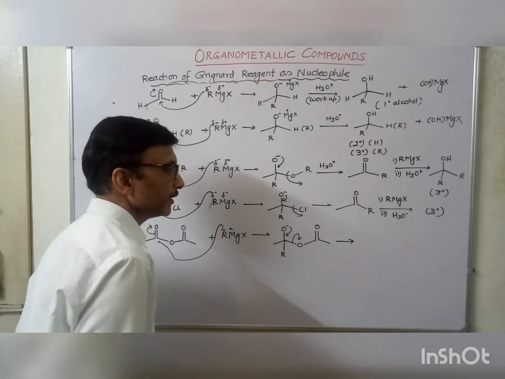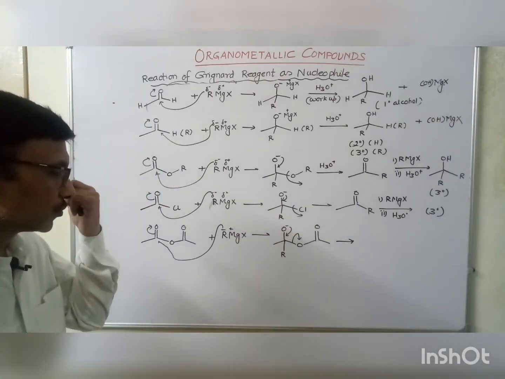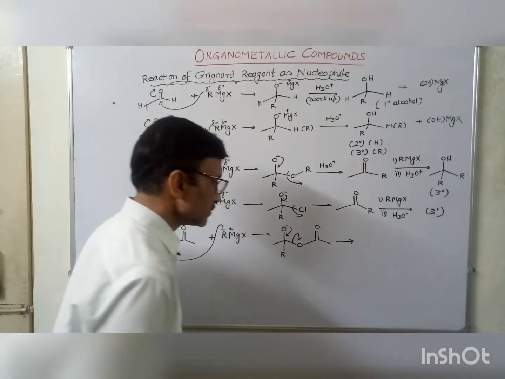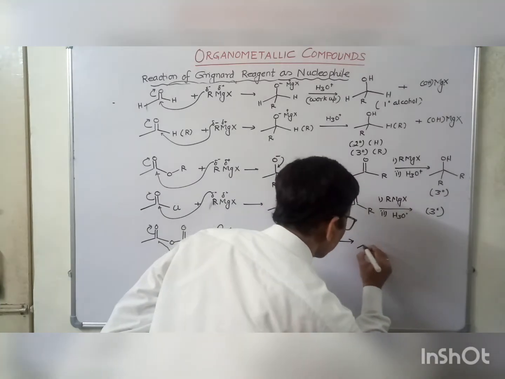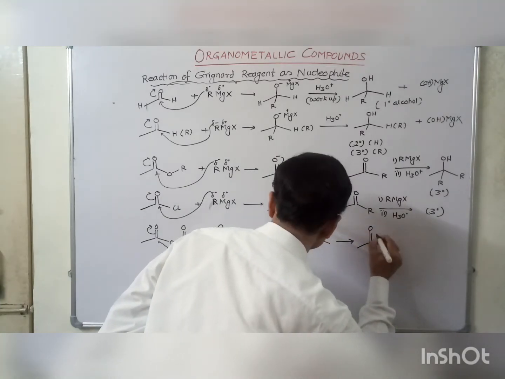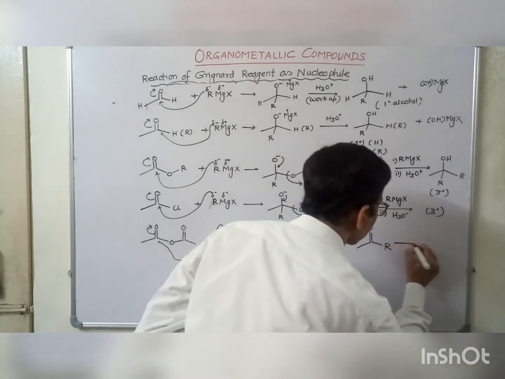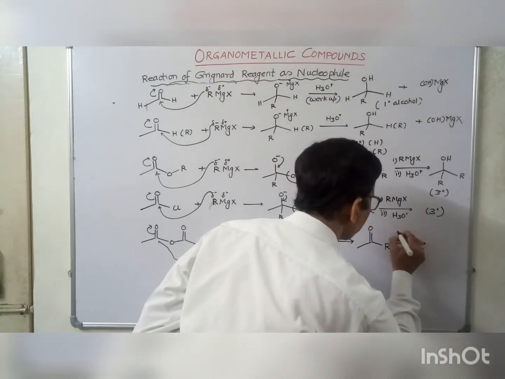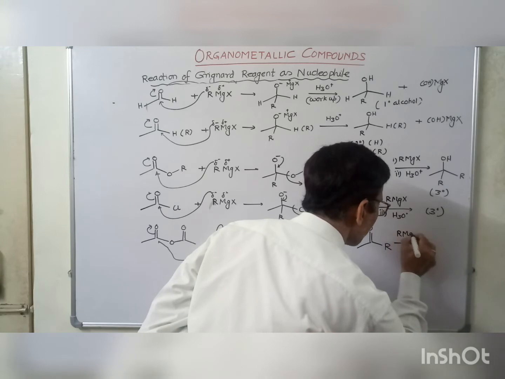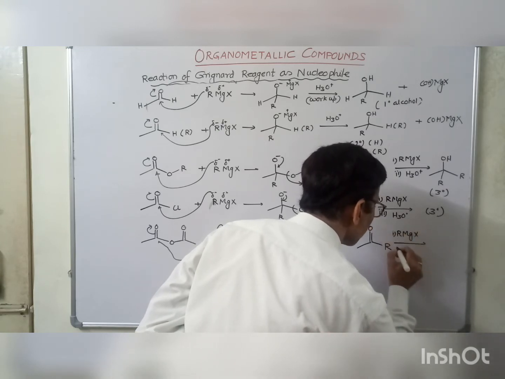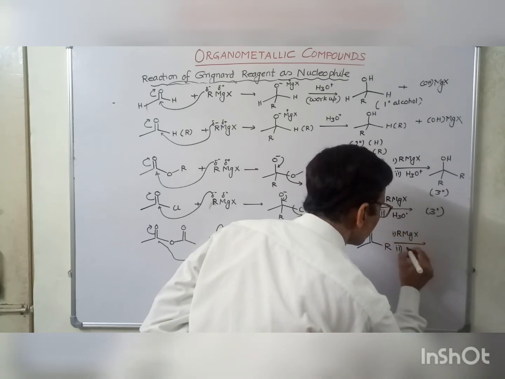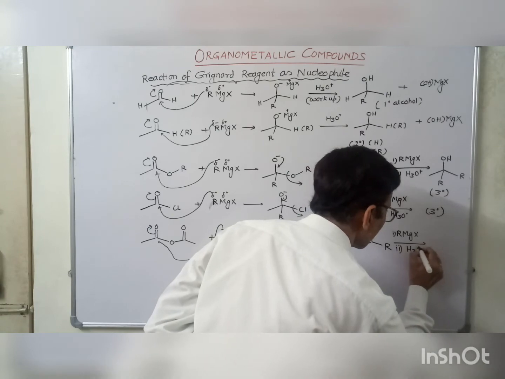The acetate ion, being resonance stabilized, will leave out easily, so that's why we have this ketone, and further it will react with Grignard reagent to get the tertiary alcohol.